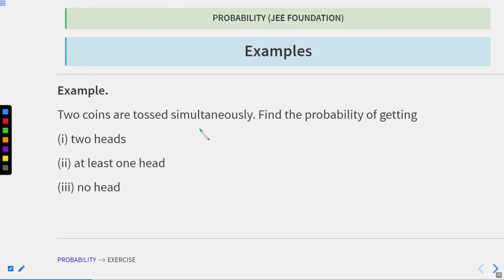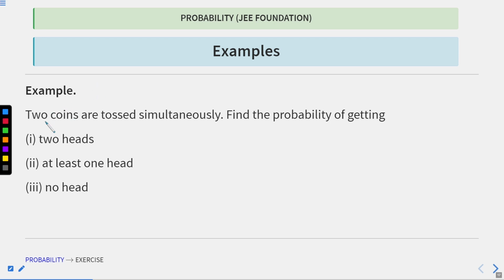Now our first example is related to the tossing of two coins. First of all, make a sample space. The first toss will give me either head or tail.